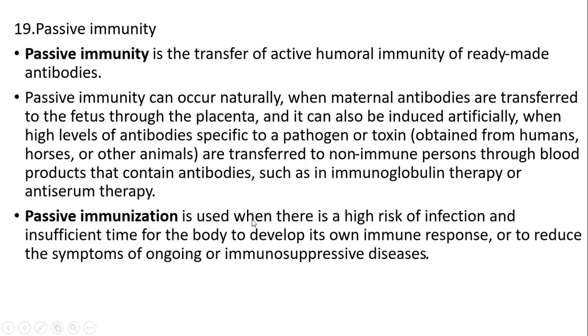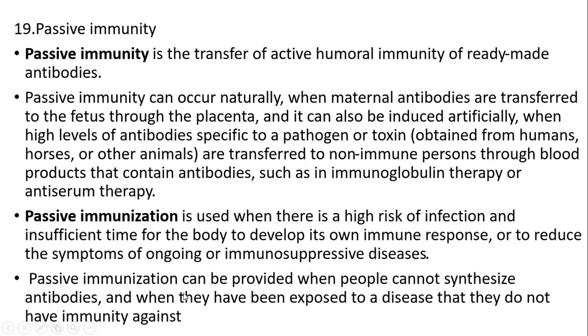Passive immunization is used when there is a high risk of infection and insufficient time for the body to develop its own immune response, or to reduce symptoms of ongoing or immunosuppressive disease. Passive immunization can be provided when people cannot synthesize antibodies and when they have been exposed to a disease and do not have immunity against it.